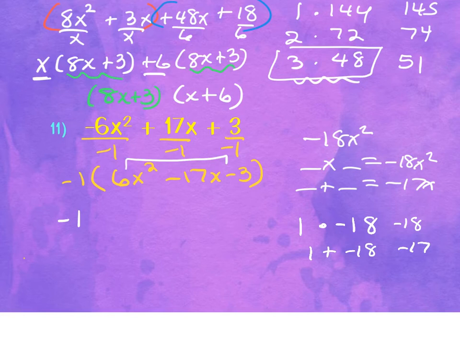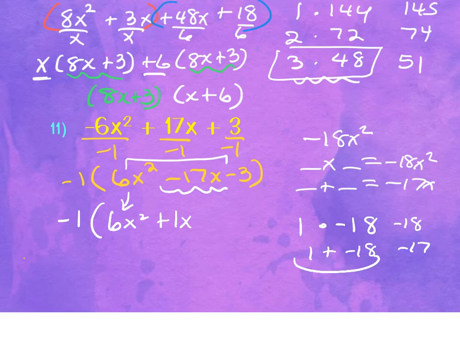You're going to write the GCF, then you're going to write the 6x squared again, replace the 17 with these two numbers, and then rewrite the -3 on the end. Still doing the same thing. Only difference is I have that -1 waiting outside. Red group, blue group.